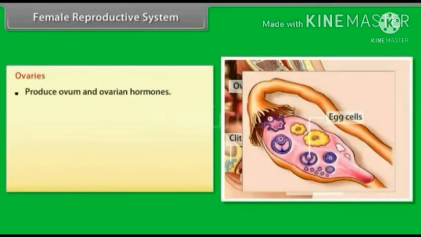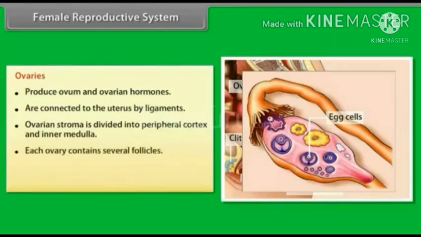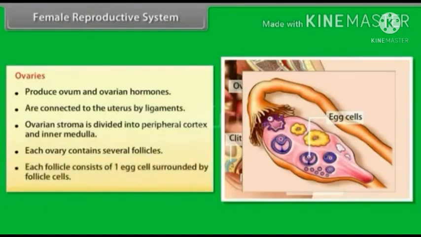Ovaries produce ovum and ovarian hormones. Ovaries are connected to the uterus by ligaments. Ovarian stroma is divided into peripheral cortex and inner medulla. Each ovary contains several follicles. Each follicle consists of one egg cell surrounded by follicle cells.